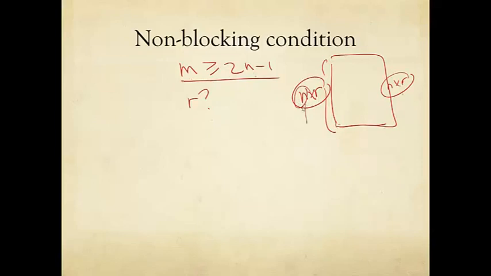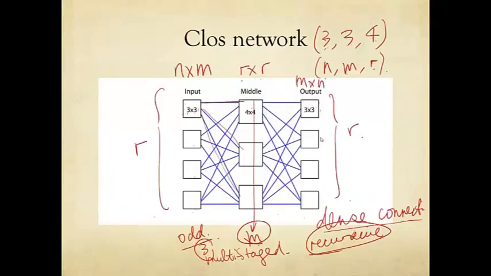If n cannot be too big, maybe r can be big. And indeed, there's nothing that prevents you from running a really big r. You can make r 1,000, okay? But then the problem with that, as you can see, is that you're going to have really big middle switches, because the middle switches are r by r.